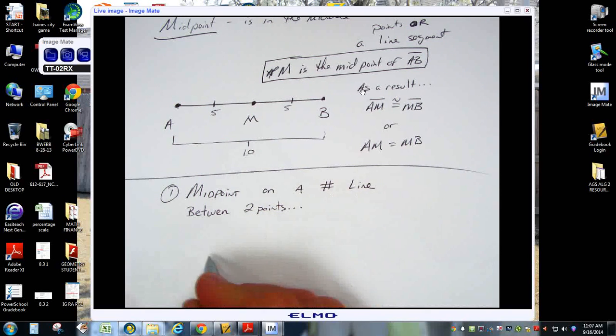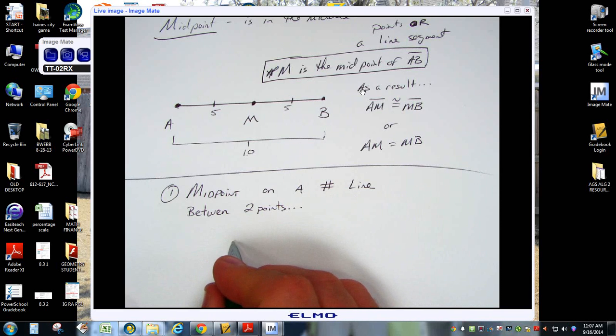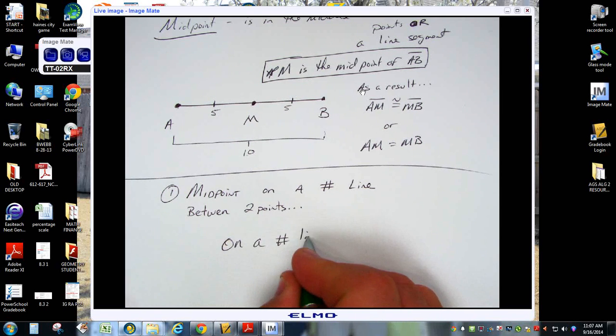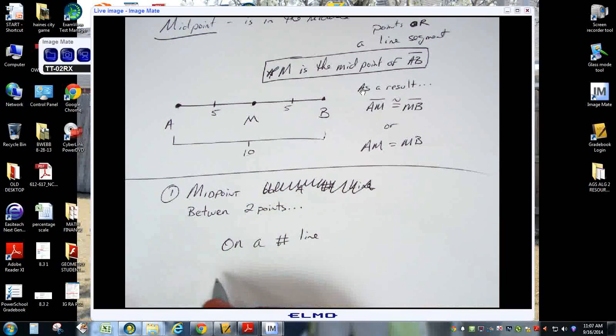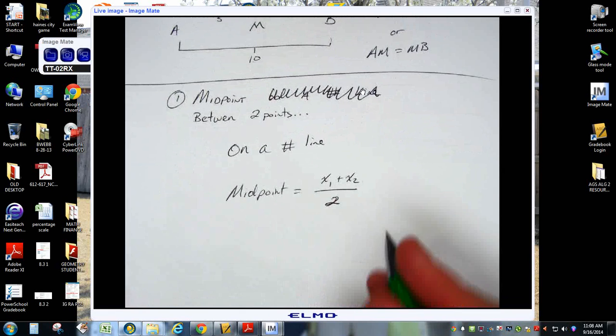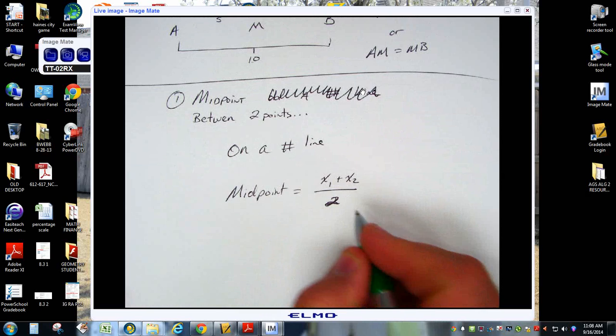We're going to have a formula. Here's your formula. That's where the midpoint's always going to be. x1 plus x2 divided by 2.